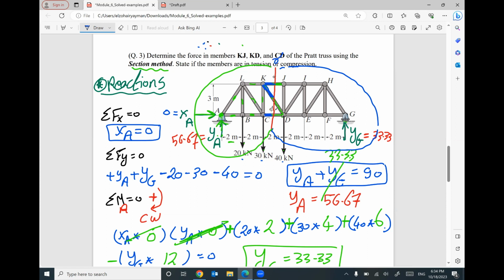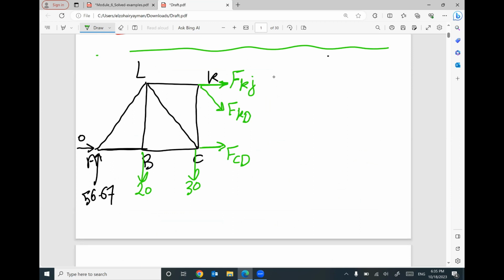I decided to use the left side, so I draw the free body diagram for the left side. We have reactions, we have forces, we have members I did not touch. For the member you did cut, I will put forces in these members.